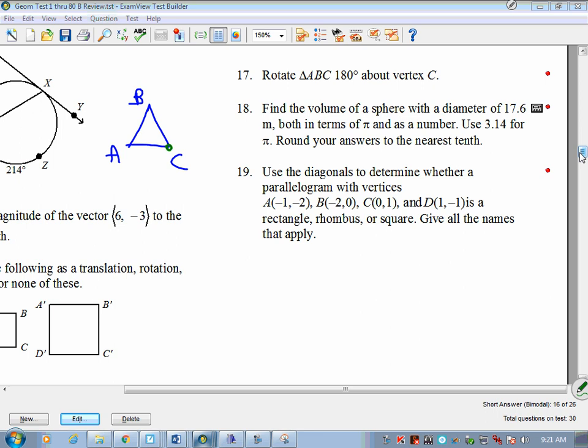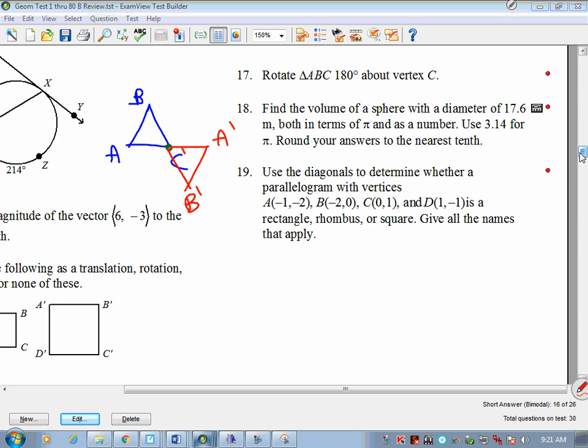And I want to rotate this 180 degrees about point C. The thing about 180 degrees of rotation is that each one of those points is going to go directly across that point, which means A is going to come across here, B is going to come across here, C is going to stay put. So what I should get is A prime, B prime, and C prime.